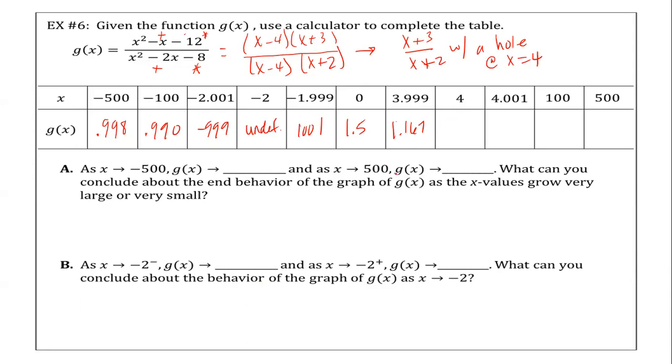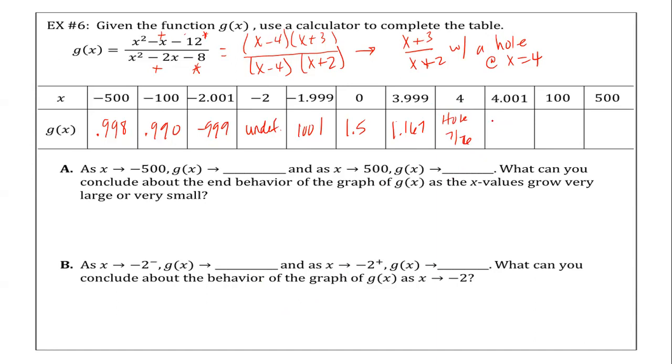What was the value at 4? 76 is going to be. Is that not it? I got negative 999. And this is a hole, so I'm going to make note that it's a hole. The value of the hole would have been 76.